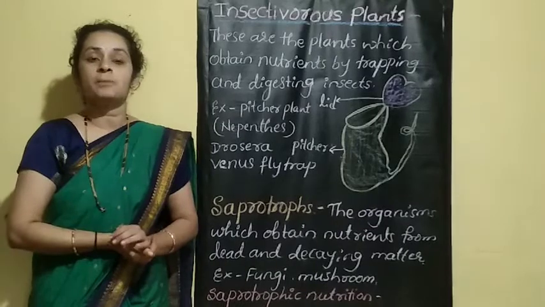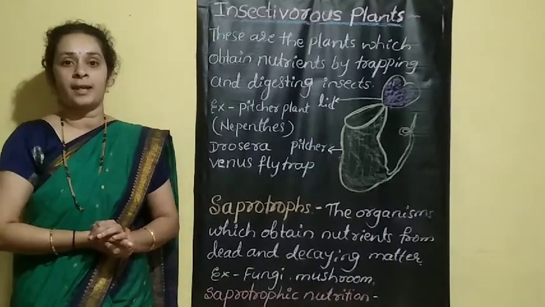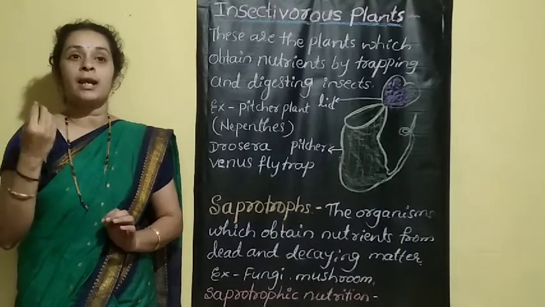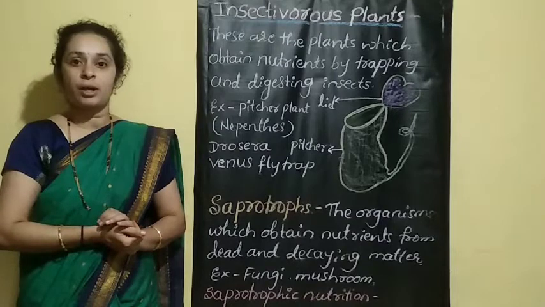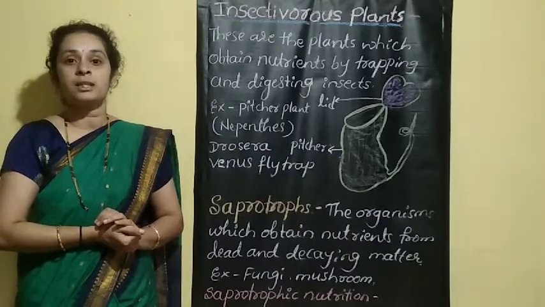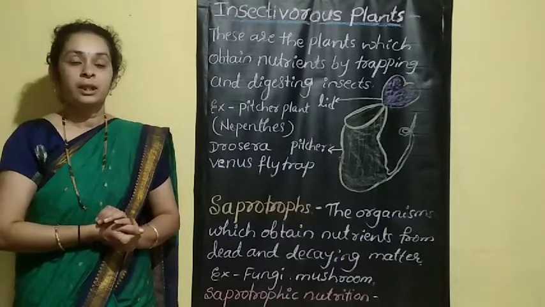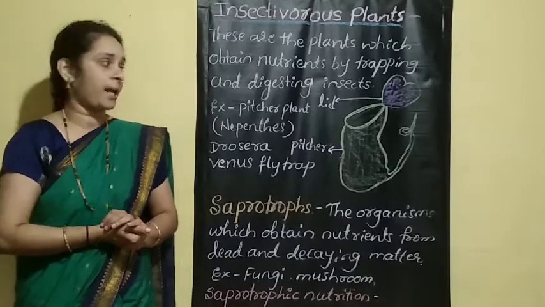These insectivorous plants are also called carnivorous plants. They are also called partially heterotrophs. There are different examples for insectivorous plants.